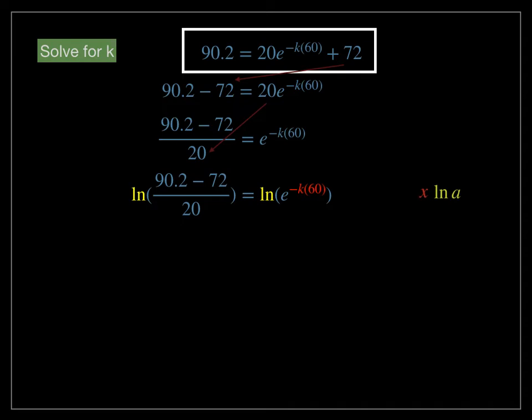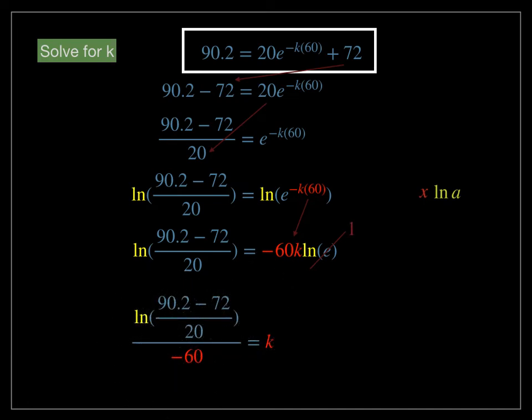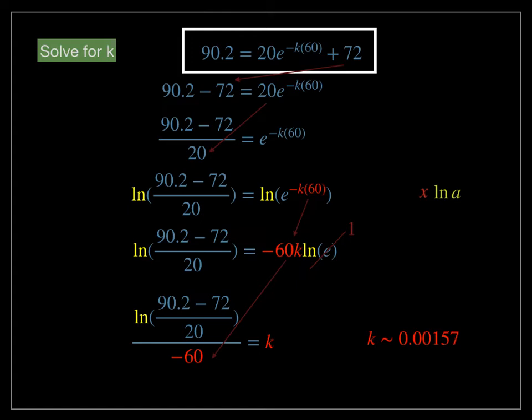So applying this property to the equation, she moved the negative k times 60 down in front of natural log of e, and natural log of e equals 1, so she can solve for k by dividing both sides by negative 60. She calculates that k is approximately 0.00157.